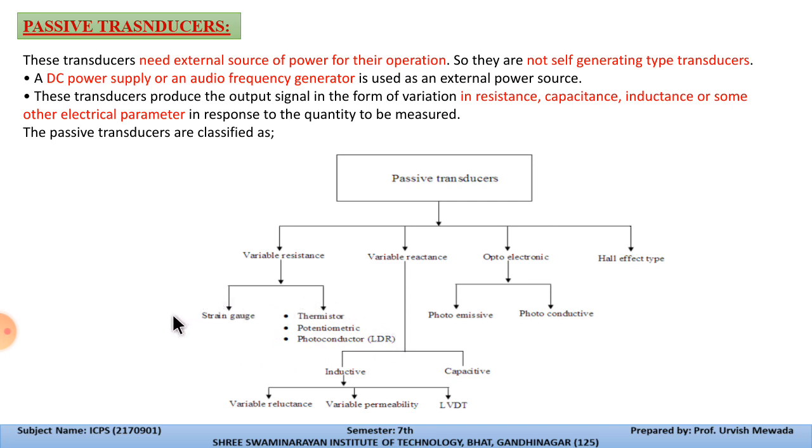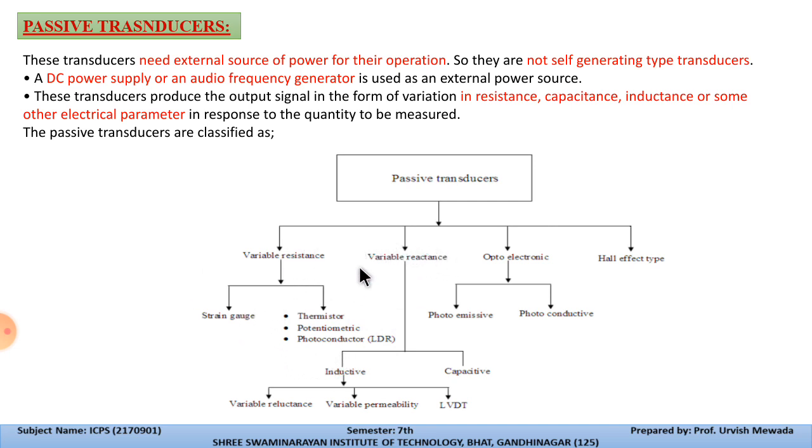In the strain gauge we give mechanical tension and compression, in the thermistor we give temperature as the input physical quantity, and the photoconductor gives light as an input to change the resistance. As the resistance connected in the circuit changes, the output voltage of the circuit will change. So we can measure that physical quantity in terms of an electrical quantity.